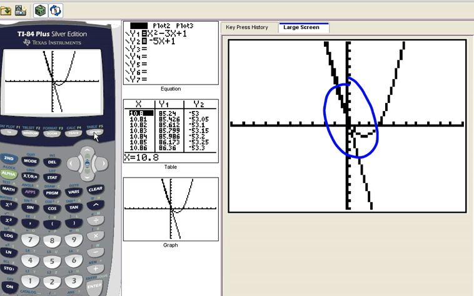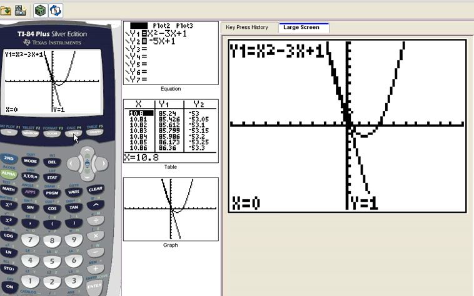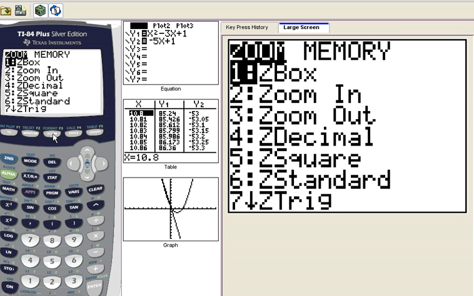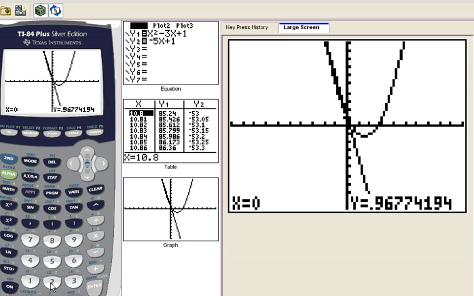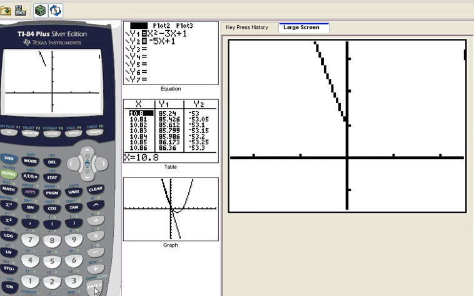So we're not seeing it very well, so what we're going to want to do is maybe zoom in closer to that area, and then we can trace and find it. So let's press trace first, and then I'm going to press zoom number 2, which is zoom in. To zoom in, you have to press enter, and that gives us a better picture of what's going on here.